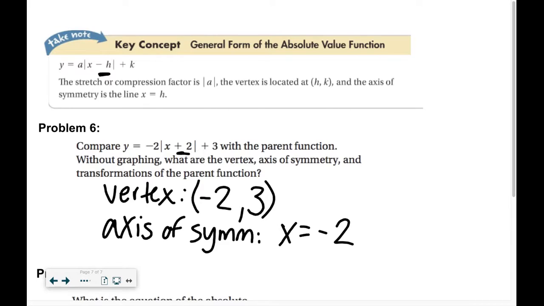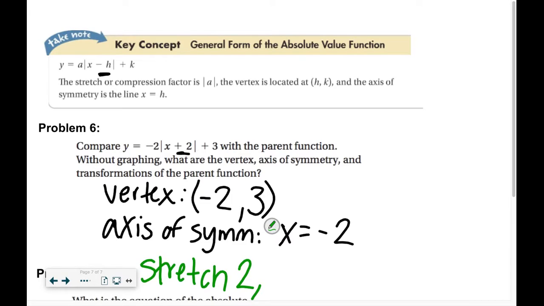What else do we want? Transformations. We got lots going on. Let's start with whatever you guys want to start with. What do you know? That is going down to. So are we stretching or compressing? Stretch. So we got stretch 2.